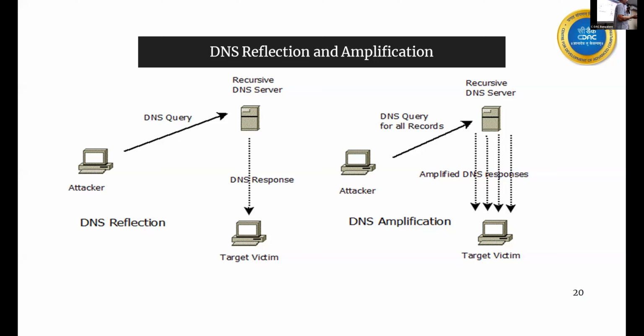Google.com may have 200 or 300 records, so the reply will be very big. If the query is 1 byte, the reply can be 100 bytes. This is the phenomenon of amplification. The reply is amplified, so this is called a DNS amplification attack, which uses the phenomenon of reflection.